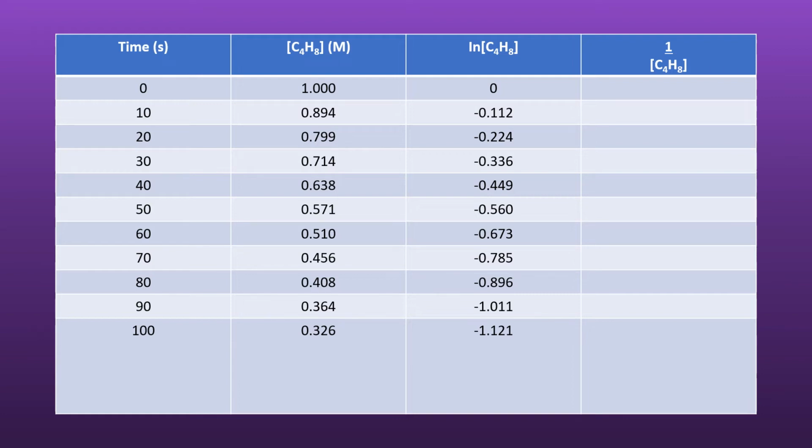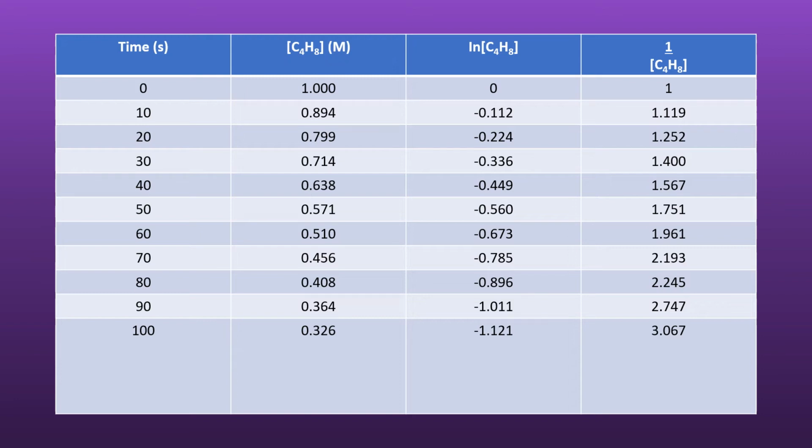So if you went through and plugged in the natural log of 0.799, this is what you would get. And then for our second order, it is 1 divided by the concentration. So 1 divided by 1 is 1, 1 divided by 0.894 is 1.119, and so on down the line.